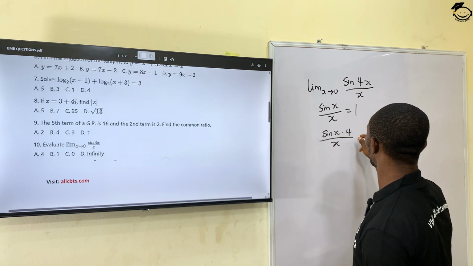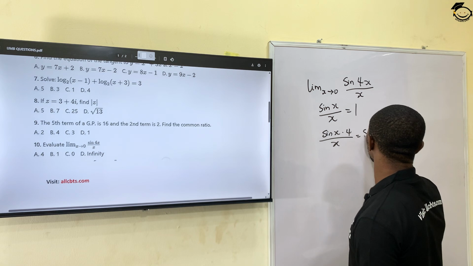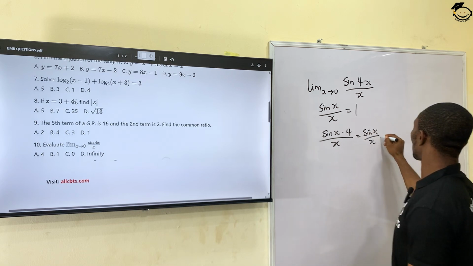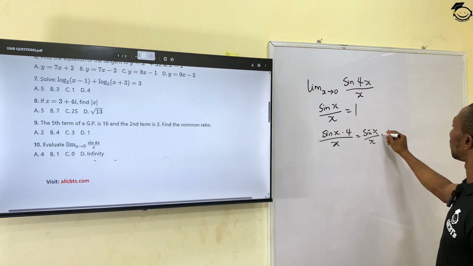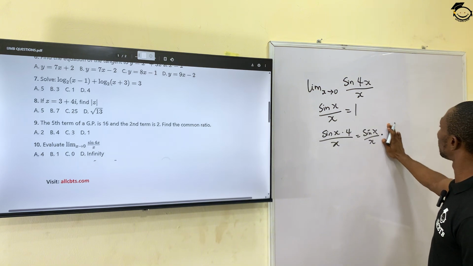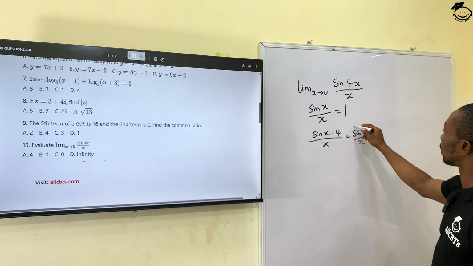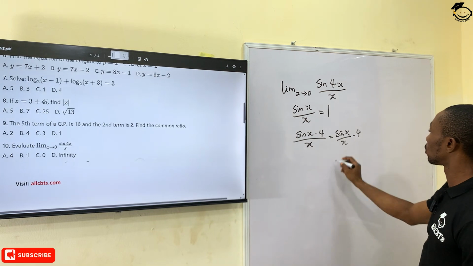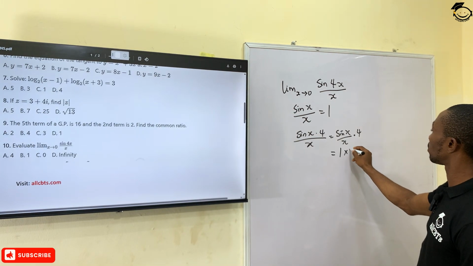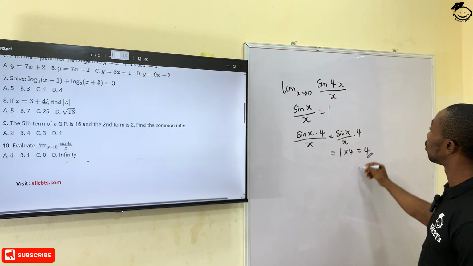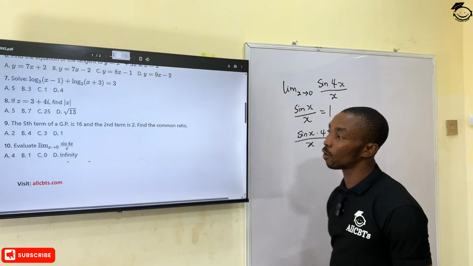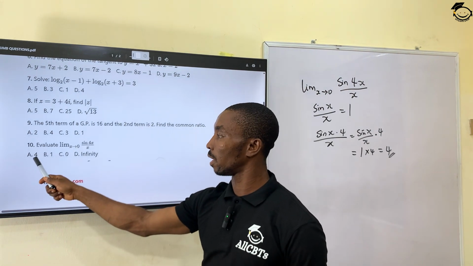Okay, so this gives us sine x over x times 4. Having this, we know that this is 1. So we have 1 times 4, which will give us 4. So our answer will be 4, which is option A.